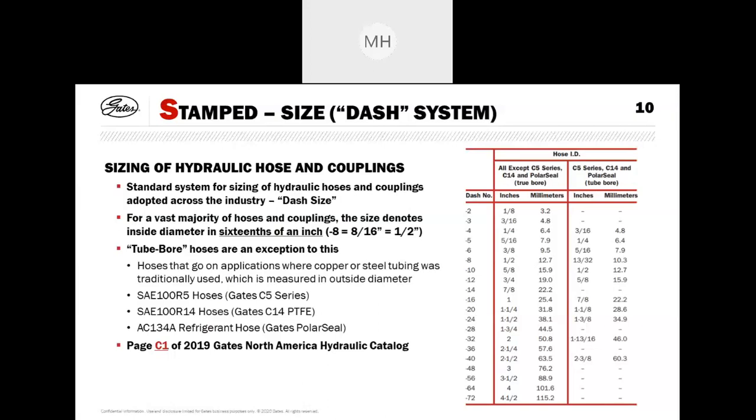And the AC 134A refrigerant air conditioning hoses, which is the Gates Polar Seal. So page C1 of the 2019 catalogue has the information for all your dash sizes. We also have those in metric and imperial.